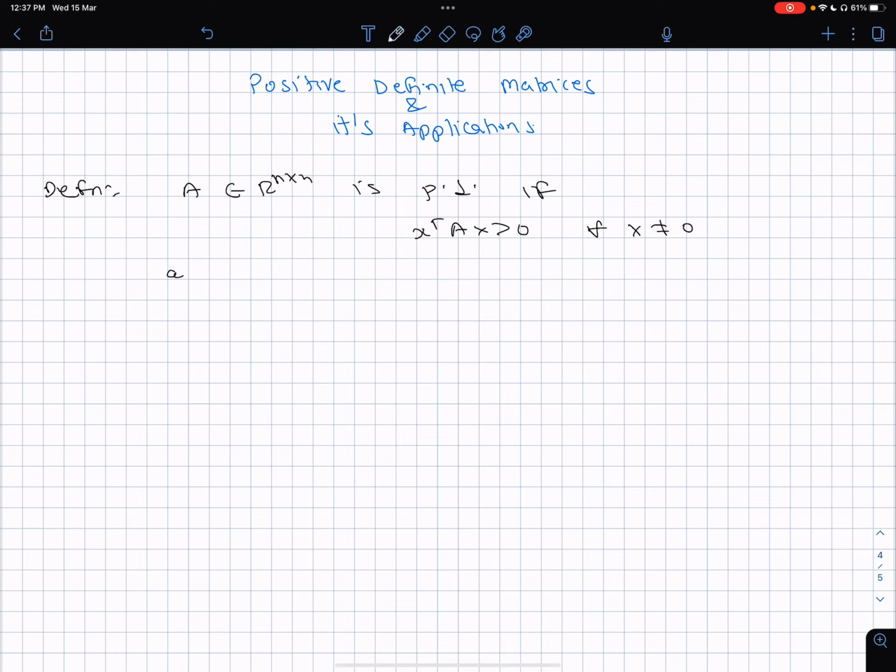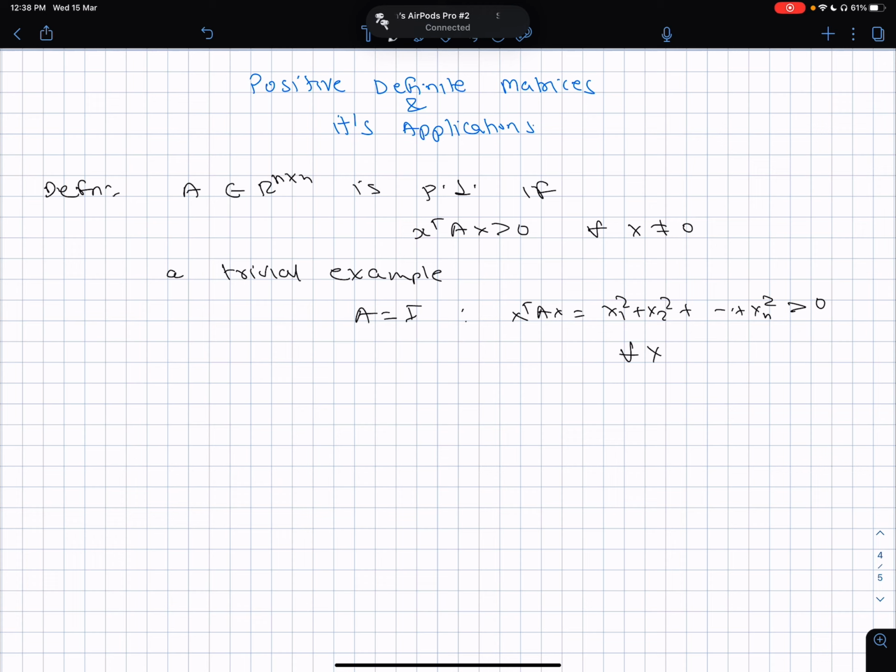A trivial example is the identity matrix. x transpose Ax is going to be equal to x1 square plus x2 square plus so on up to xn square, which is strictly greater than 0 for all x not equal to 0.